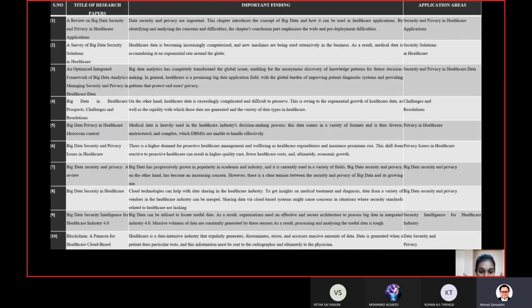It is becoming an increasing collaboration from multiple facilities, so the availability of the data is useful in a variety of situations, including medical feedback, equipment, and analysis of outcomes. Next is big data security and privacy issues in healthcare.